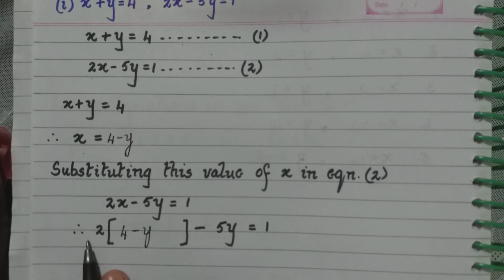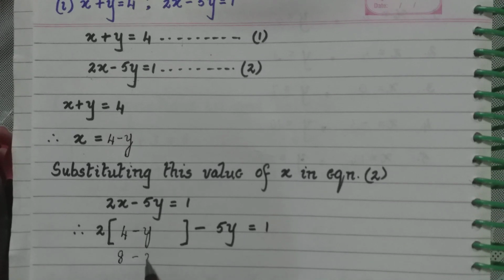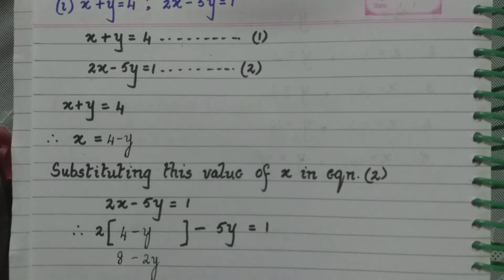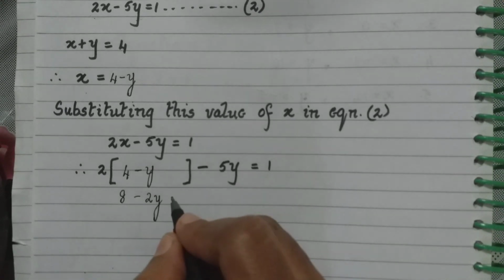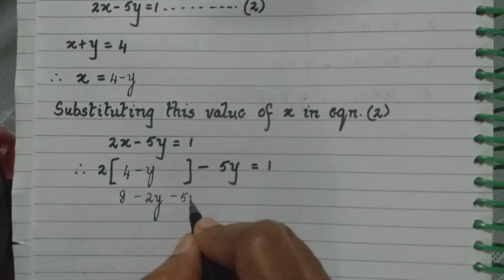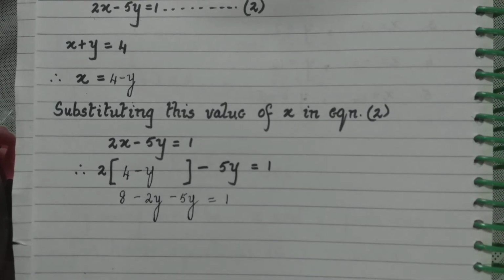So, we are going to multiply this 2 with each and every term inside the bracket. So, 2 into 4 is 8. 2 into minus y is minus 2y. Then after that, further in the equation, minus 5y is equal to 1.